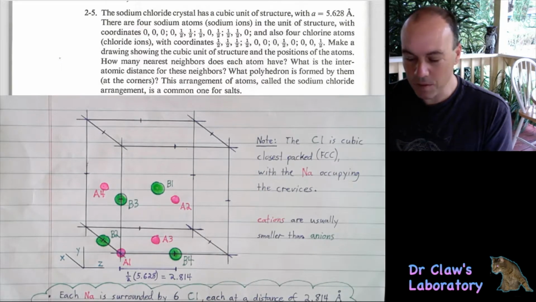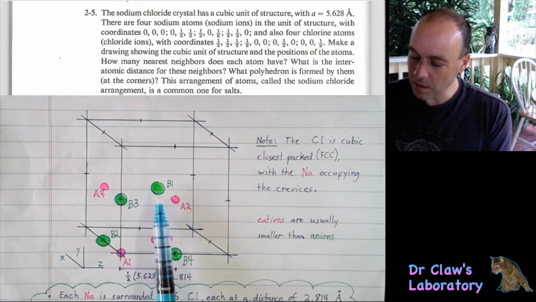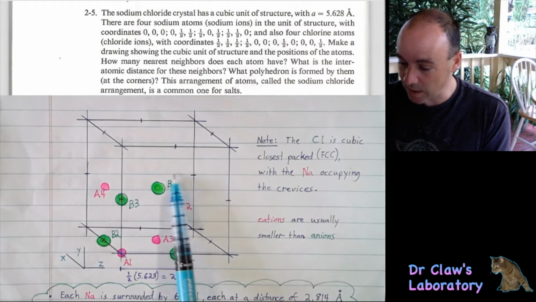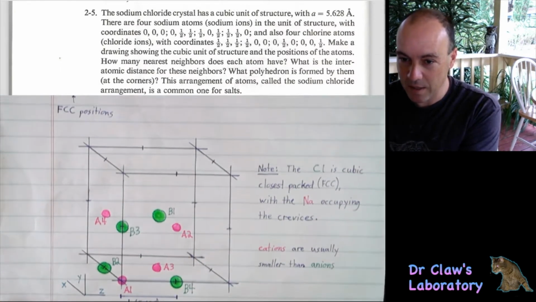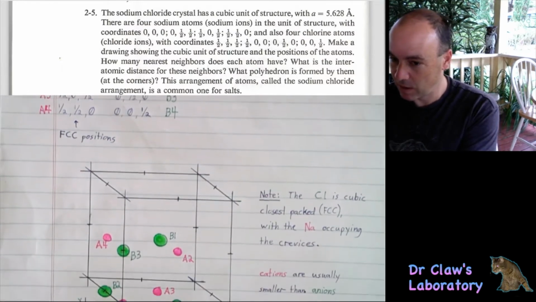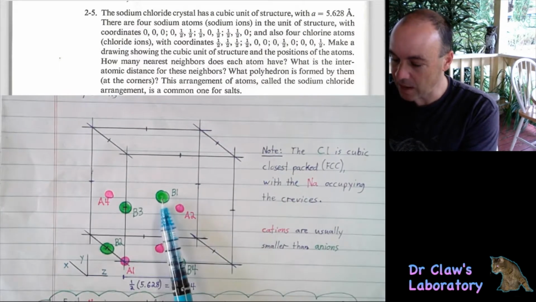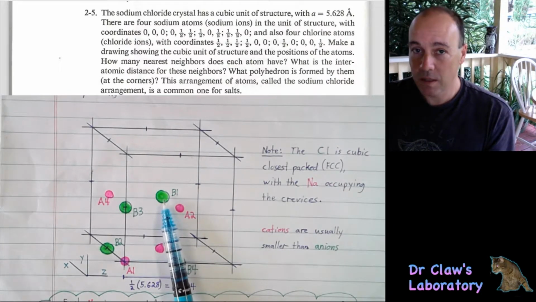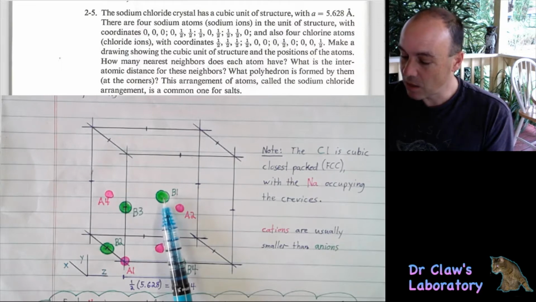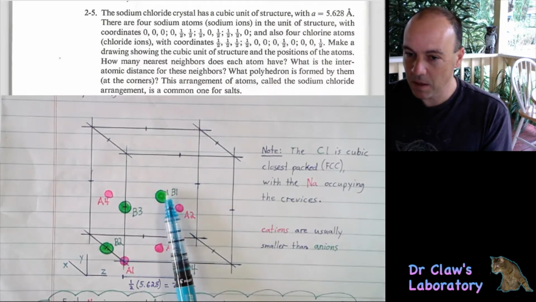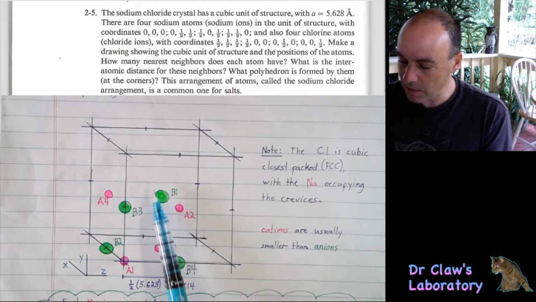And after you do that, maybe you could then see that this central chlorine atom, which is in the exact middle of the box, has coordinates 1/2, 1/2, 1/2. Okay? That's in the exact middle of the box. That's going to be surrounded by 6 sodium cations. 1 at the center of this face, 1 at the center of this face, 1 at the face coming out of the paper, and then 1 at the other 3 faces.